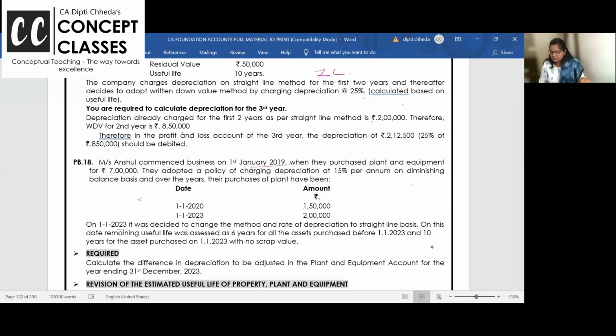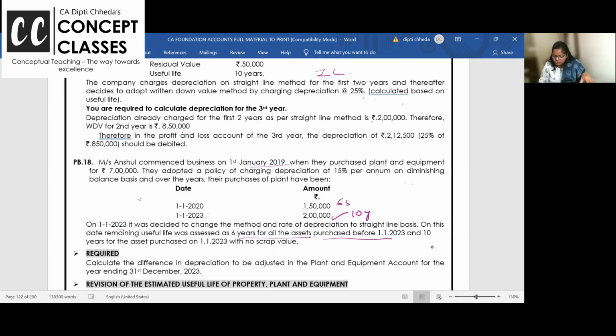In 23 also, and a third one was also purchased. Now in January 23 it was decided to change the method and the rate to SLM. On this date the useful life is 6 years for assets purchased before 1-1-23, so these original two assets, it is 6 years. And for this new asset, 10 years. For both, 6 years.